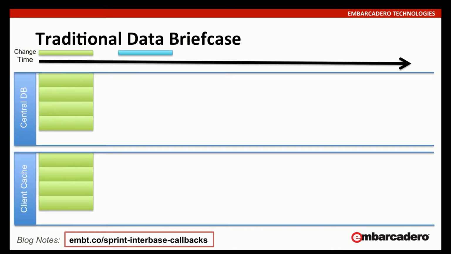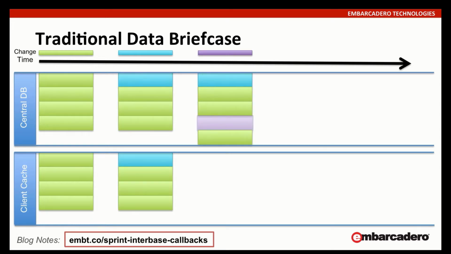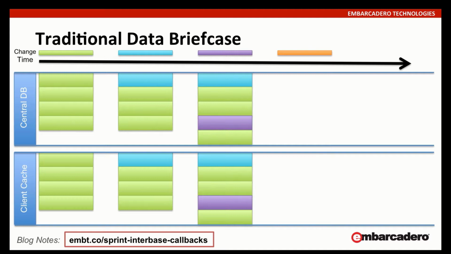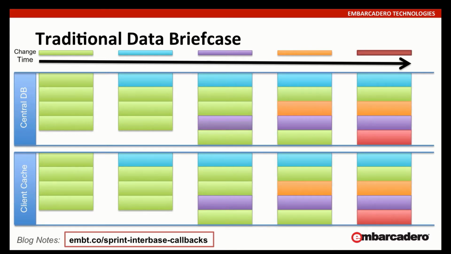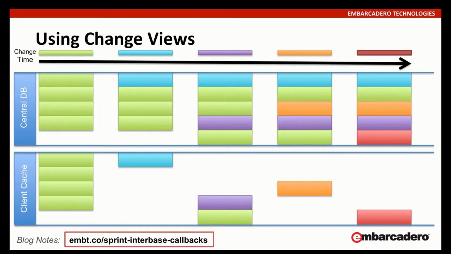So traditionally, we'd be looking at fetching some data and then some changes would happen, and you'd have to go fetch the data again to make sure that you've got everything up to date. And just even in this really, really simple example here, we're looking at 23 packets of data in essence having to be sent. And what change views does is it actually removes anything that you don't need to know about because you already know of that change.